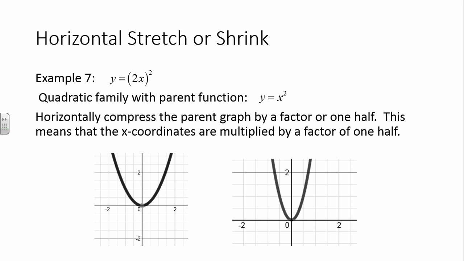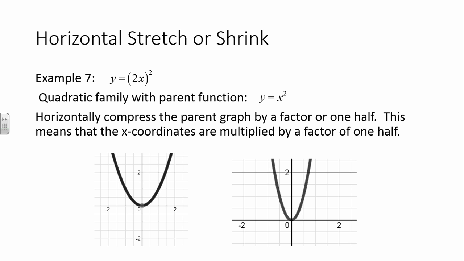Horizontal stretching and shrinking. So this one, you're still multiplying your variable by a number, but you're doing the multiplication at the start. Like you're replacing the variable with twice the variable is the way I think of it, as opposed to multiplying the output by 2 on the last one we did. So again, for my example, it's (2x) quantity squared, which if you simplified would be 4x squared.